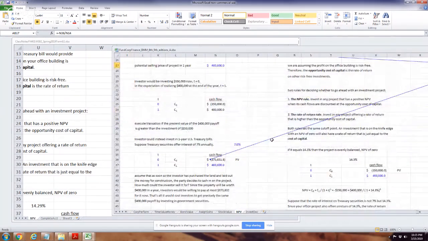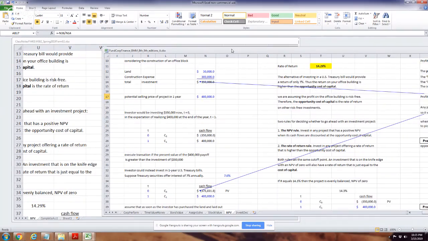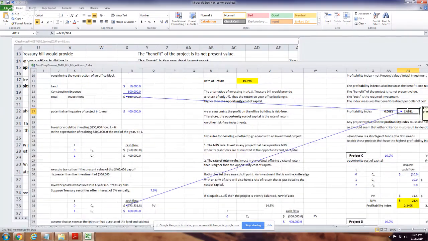Now we have that investment again, and looking at this, yeah, there's the investment. And how do we do that? We did it with 36. Yeah, that's the present value, 400,000.